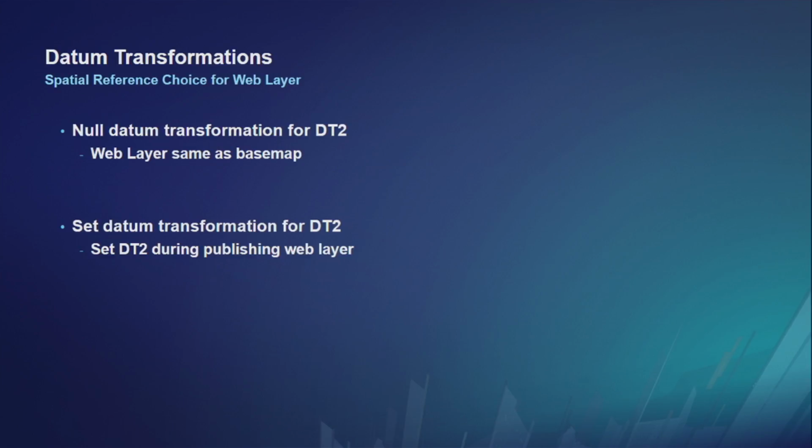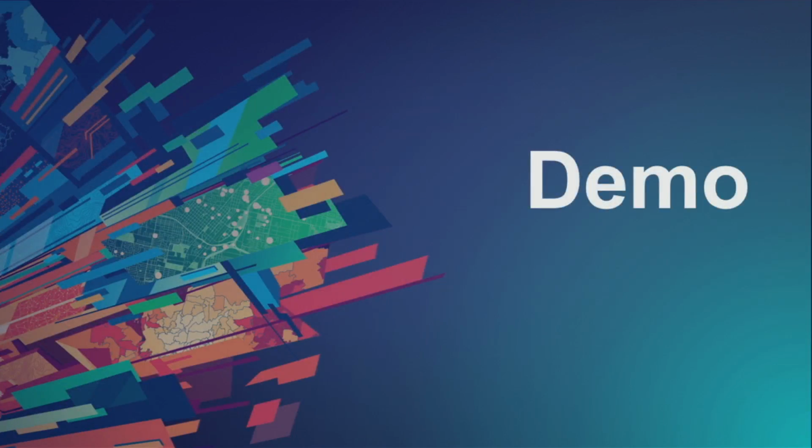Because a non-datum transformation will minimize the accuracy loss. But if you would like to set the web layer to some other spatial reference, then I'm going to show you how to do it in a demo.